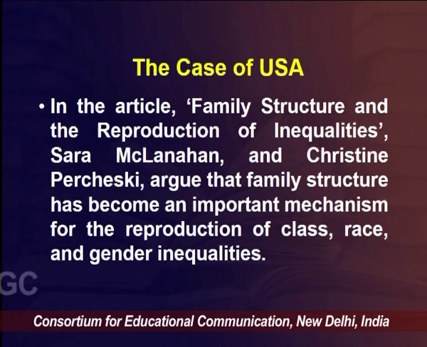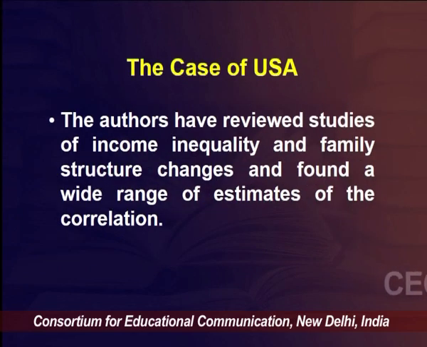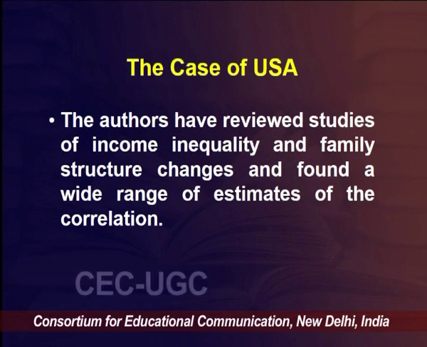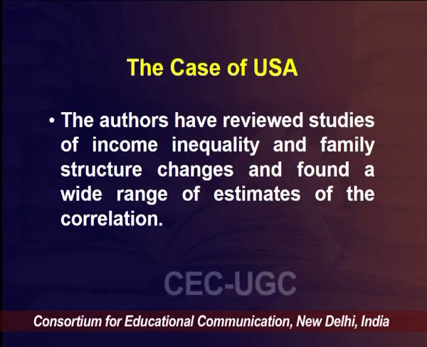McLanahan and Percheski argue that family structure has become an important mechanism for the reproduction of class, race and gender inequalities. The authors have reviewed studies of income inequality and family structure changes and found a wide range of estimates of the correlation. So if income changes, then there will be a change in the structure of the family.